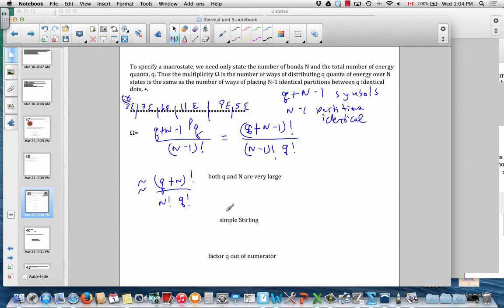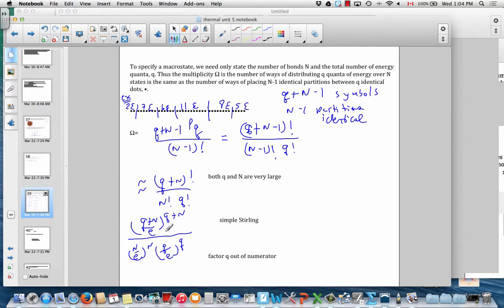Now, according to the simple Stirling approximation, we can approximate these factorials as exponents. So this is going to be Q plus n over e to the Q plus n power. And then we're going to have n over e to the n for n factorial, and Q over e to the Q for Q factorial.